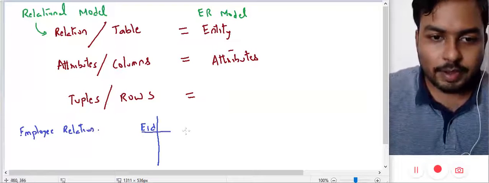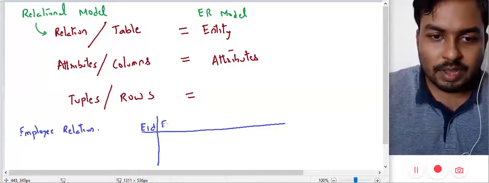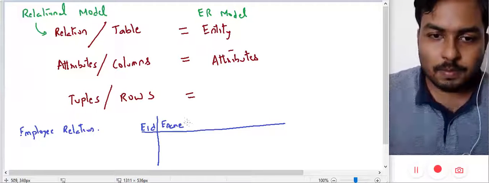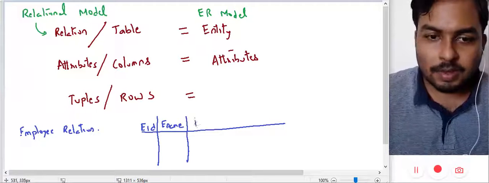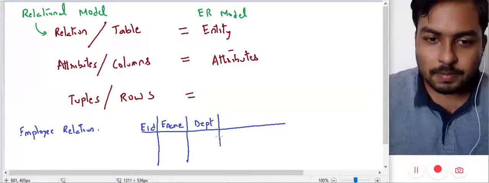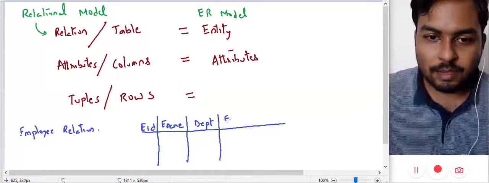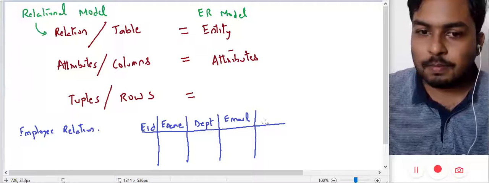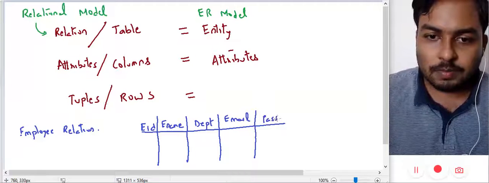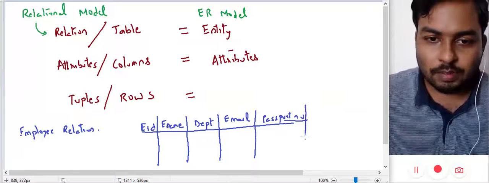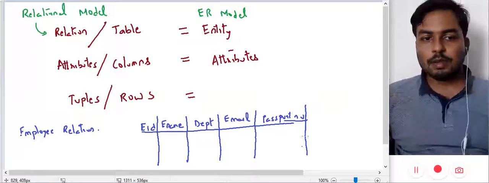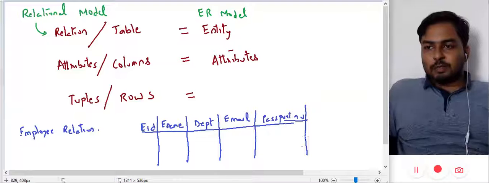It will have an employee ID, an employee name, a department, the email ID of that employee, and maybe a passport number. So I've just taken a small table containing 5 columns, which is the employee relation.